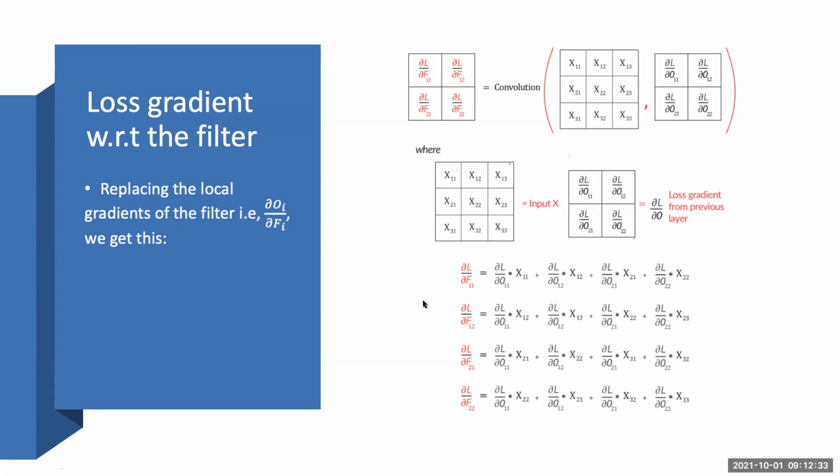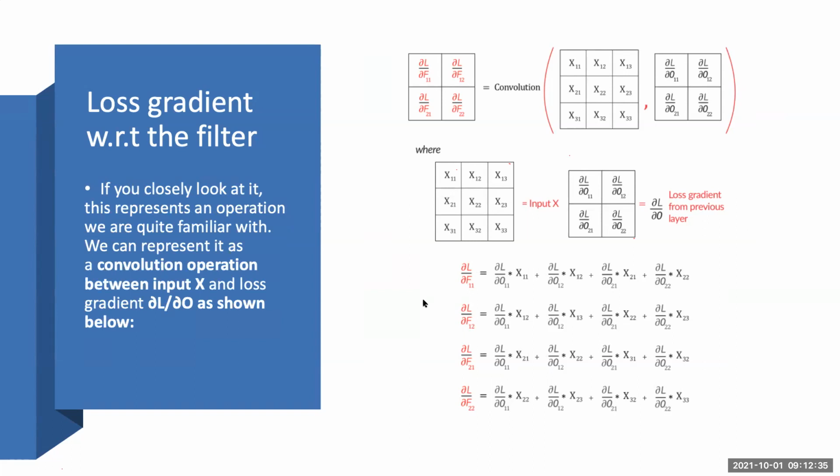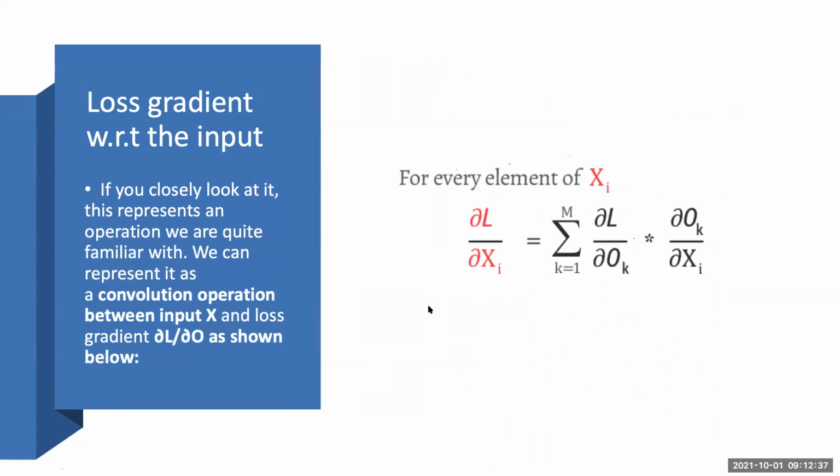Now, with respect to the inputs, you basically have the same formula like we had for the filter. You do a partial derivative between each element of the loss gradient and the local gradient, and you sum them up. That'll give you the loss gradient with respect to the filter.